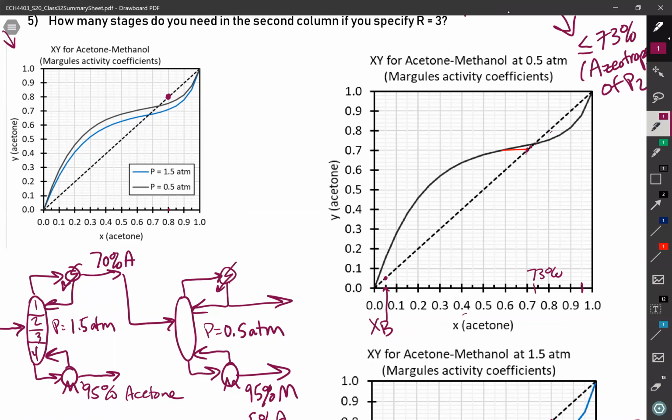And let's see, it's really hard to draw what the rectifying section operating line would look like, but I need a reflux ratio of 3. And in a lot of respects, it doesn't really matter what the reflux ratio is if it's so close, right? But it's got to be somewhere along this line. And I guess it does matter because it's going to tell me how many stages I need, but it's going to be really intricate in this area.